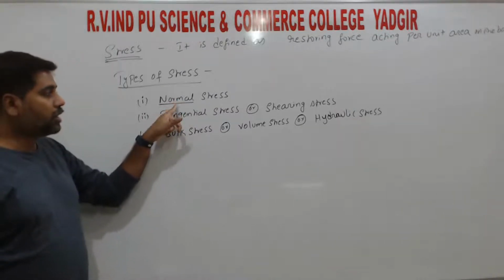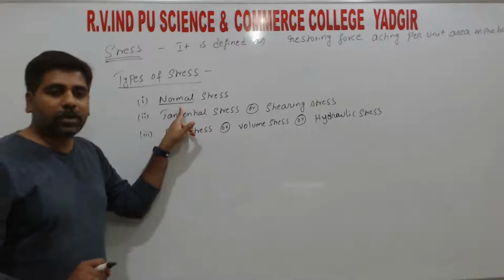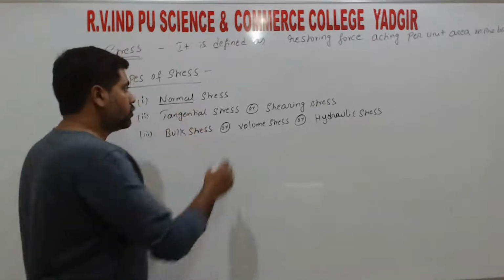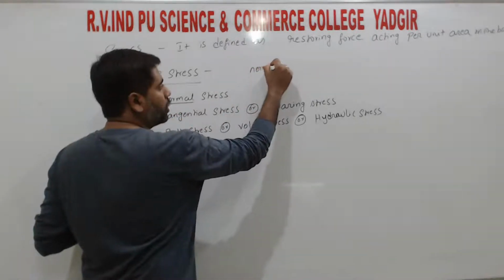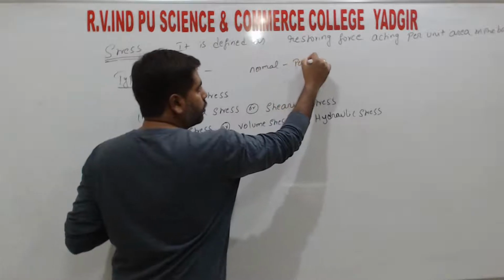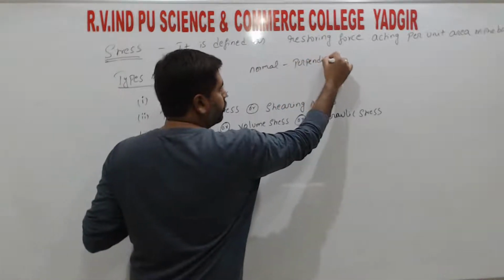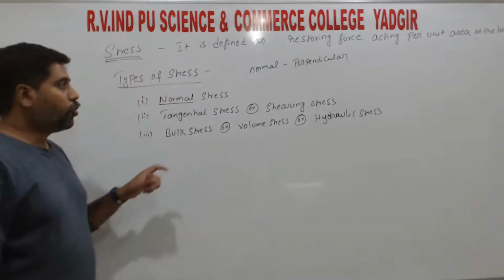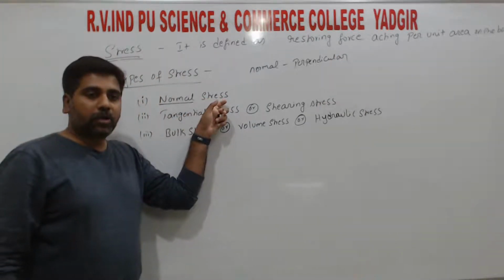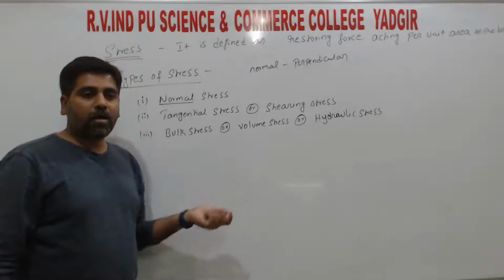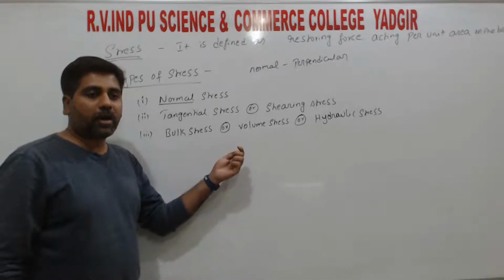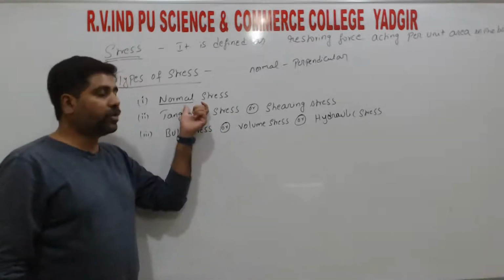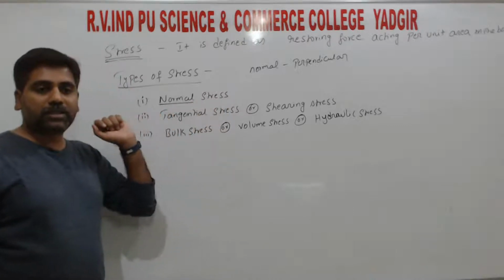So another name for normal is nothing but perpendicular. So the force which is acting perpendicular to the surface area of a material or an object, that type of stress we call normal stress, right?